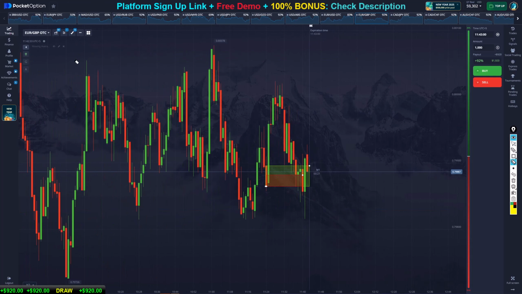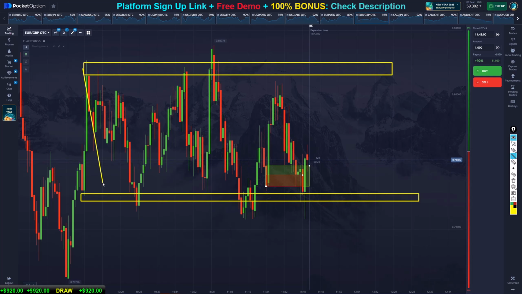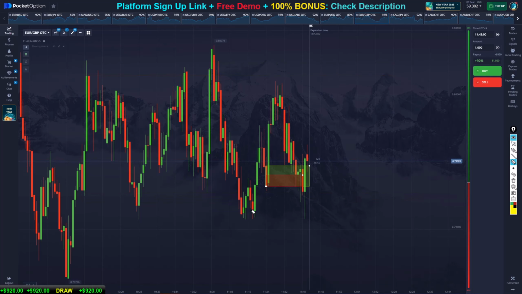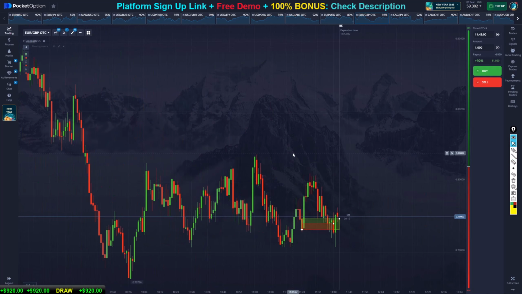So the market can easily start an uptrend. Or if it doesn't go up that high, it can bounce between this support and resistance of this ranging market. So you need to make sure, if you are inside a ranging market, let me just mark everything. It doesn't let me.